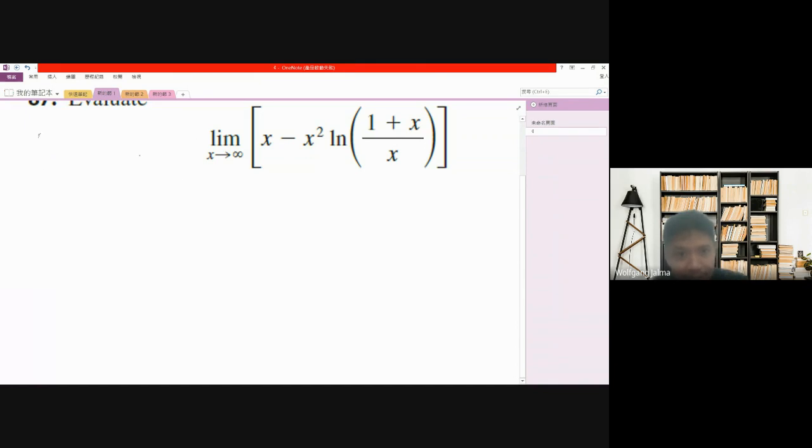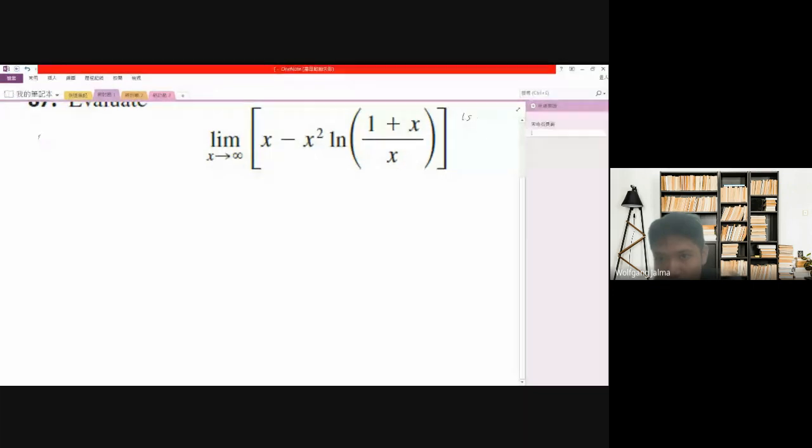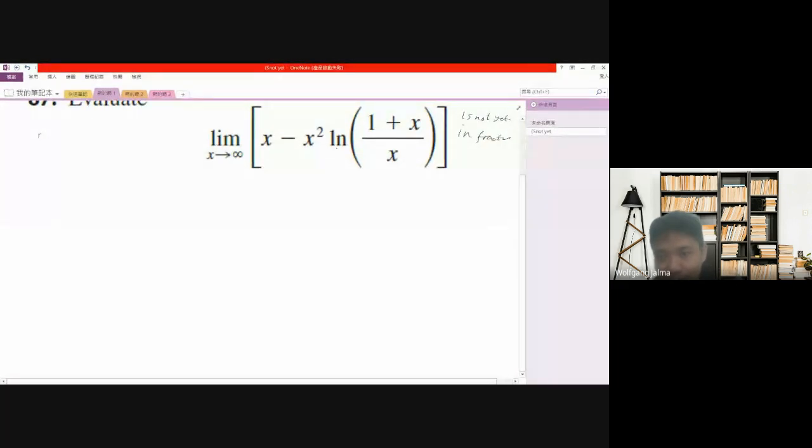But the problem is not yet in fraction form. So there is no numerator and denominator.